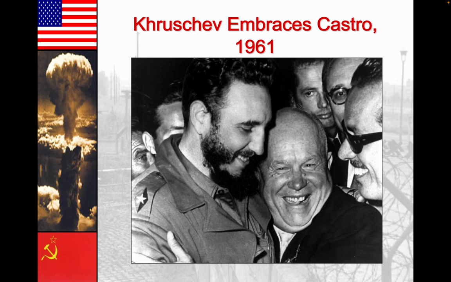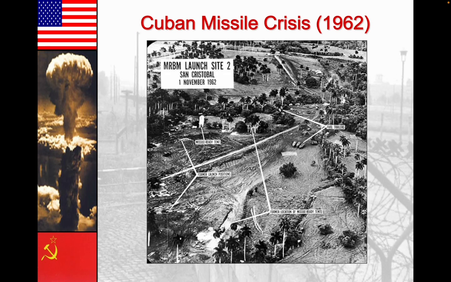They're led by Fidel Castro. Cuba, being 90 miles away from Miami, Florida, is very fearful of a United States invasion. So the Soviet Union, being a good ally, moves nuclear missiles to Cuba. This is what's known as the Cuban Missile Crisis.